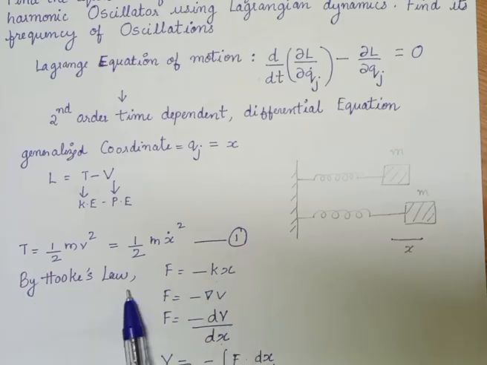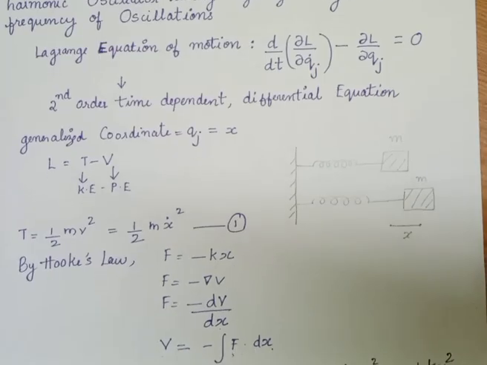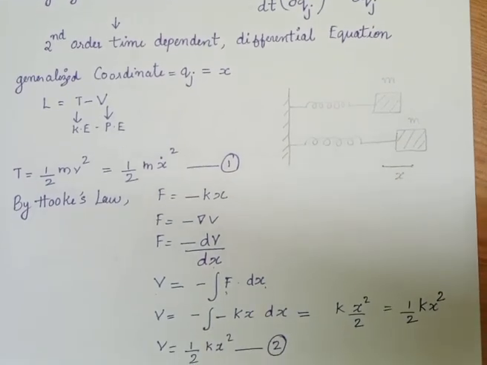By Hooke's law, we know that F equals minus kx, and we also know that F equals minus del V from electrodynamics. This can be written as F equals minus dV by dx, and V equals minus integral of F dx.